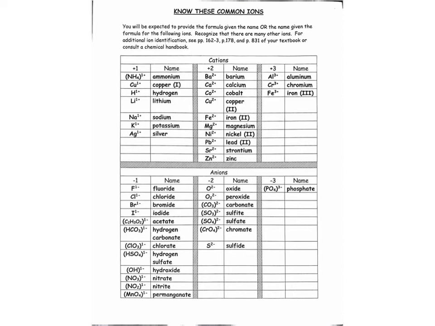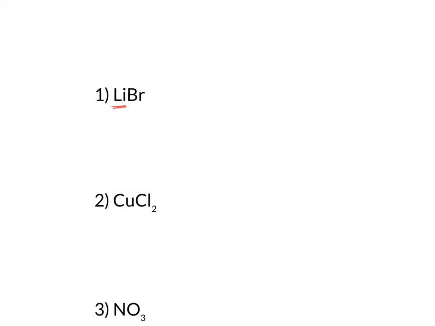When we look at the ion sheet, all of those positives, all of what comes first, or the cations as we like to call them, are going to be on this top part. So we can always look in the top section for that first element. And there's our lithium, in case we forgot that Li stands for lithium. So I'm going to come back here and write that out. I'm just going to name my cation, which is lithium.